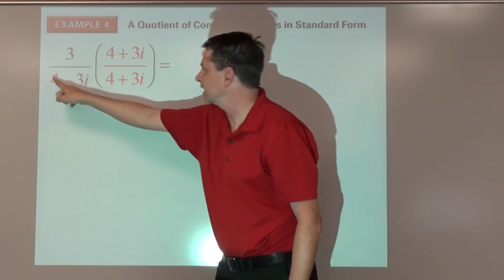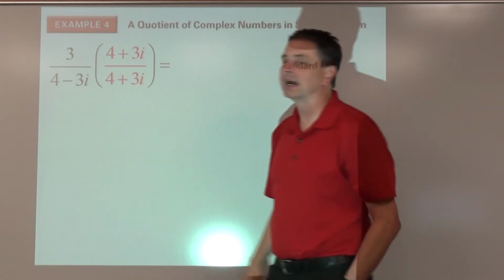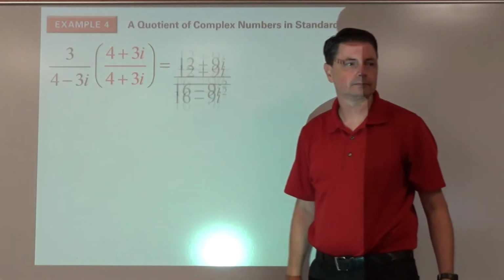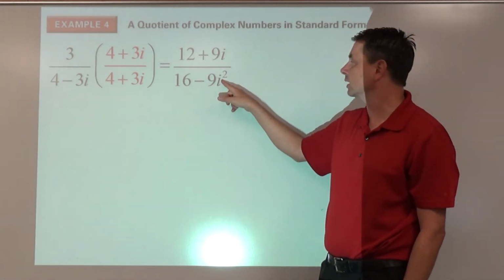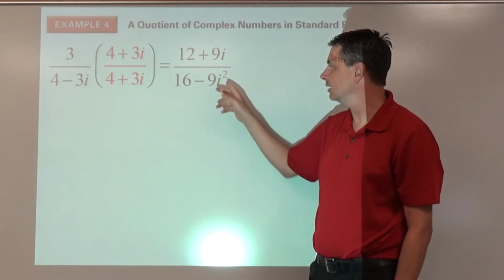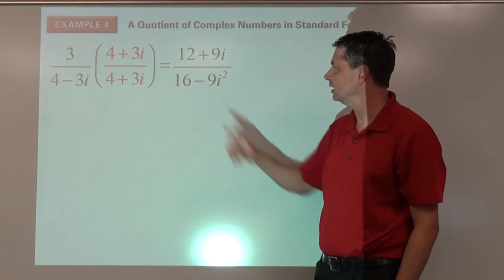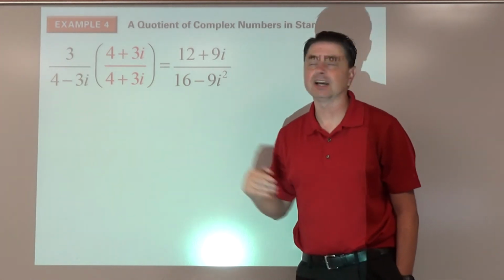So we're really just going to get 16 minus 9i squared. And since i squared is -1, -9 times -1 is positive 9. Combine that with the 16, we're going to get 25 as the denominator. So no i's left in the denominator.